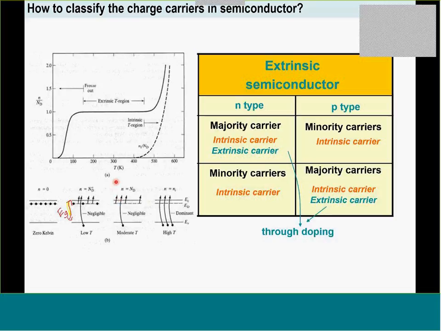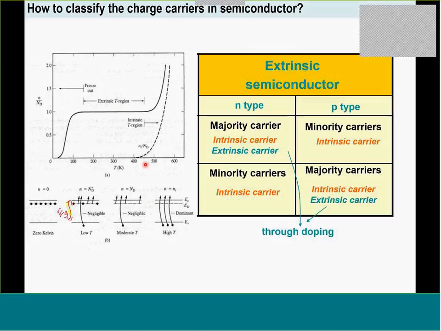After a certain time, at a higher temperature, most of the electrons that have sufficient energy have already jumped up into the conduction band. Initially it increases more and more as the temperature increases until around 150, where you can see it has flattened out.